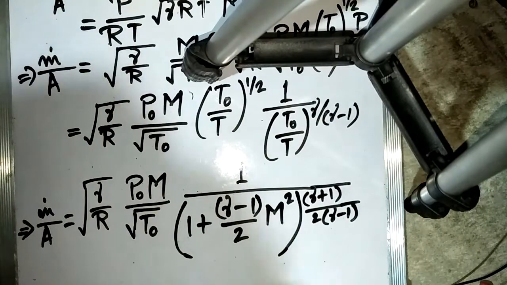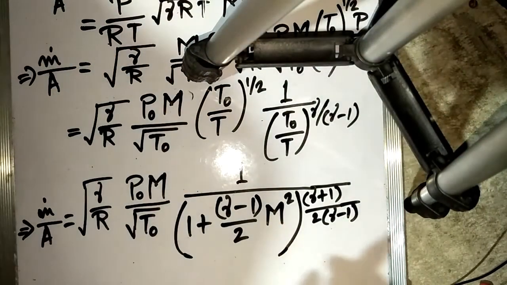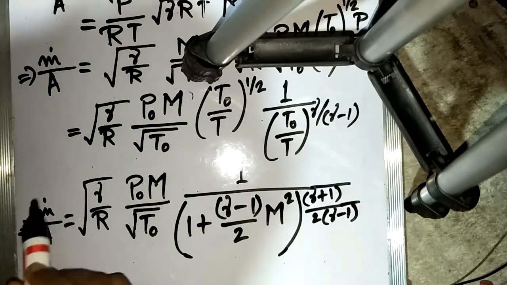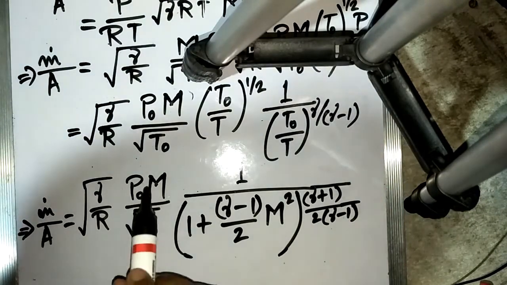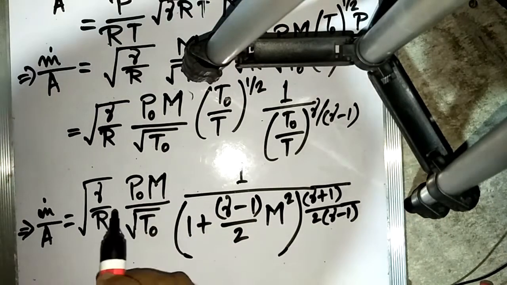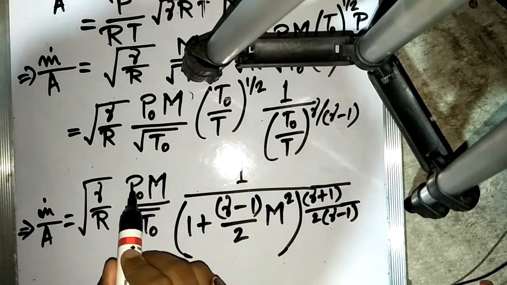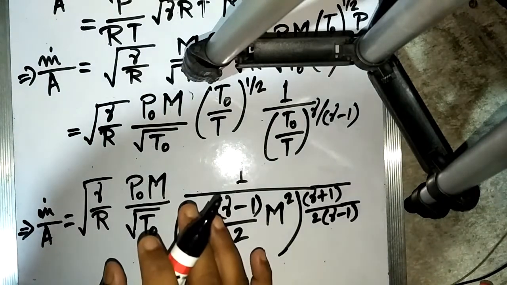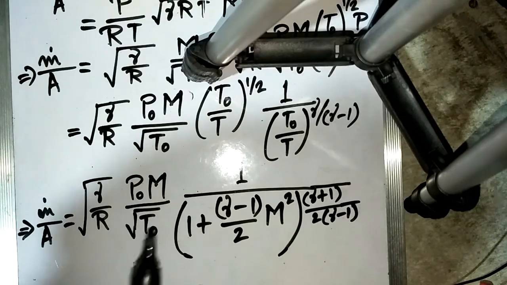To find the maximum discharge, we have to differentiate this value, m dot by A, with respect to M. In this equation gamma and R are constants, and P0 and T0, the stagnation pressure and stagnation temperature, are also constant.